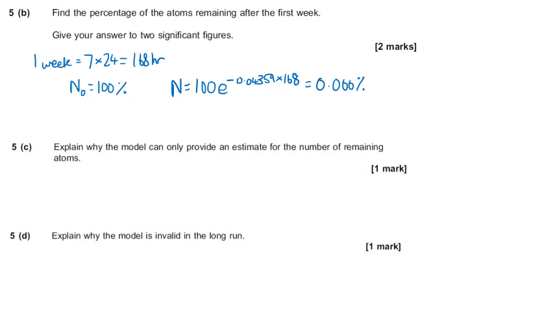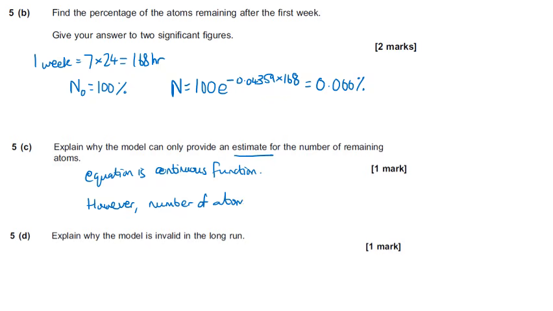Explain why the model can only provide an estimate. Well, the thing is here is that this equation, this exponential, it's a continuous function. So the answer you get will have some decimal value. However, the number of atoms is discrete.